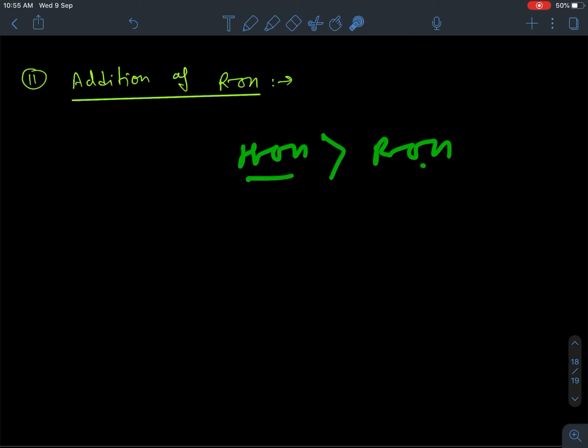Obviously water. Because of the bulkier R group, ROH is a poor nucleophile, so if you think we are directly adding ROH and going to get the product, the answer is no, you are not going to get the product. For that you need to first activate the aldehyde and ketone, because you have decreased the reactivity of the nucleophile.